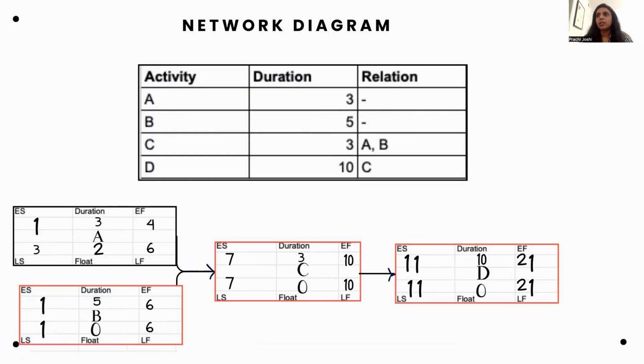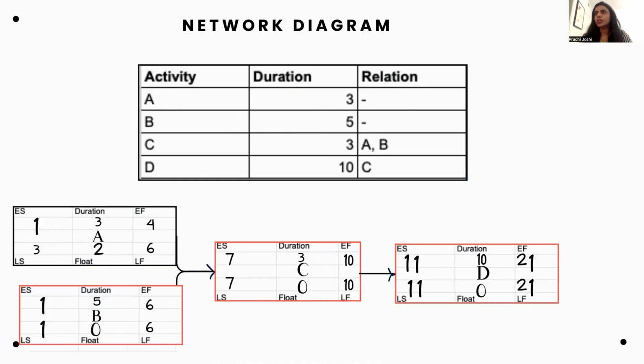This might seem a little overwhelming at first, but it's really simple. If you know it, you can crack it. I've created a small, simplified network diagram for you to understand it. This is the simplest question you may get in your exam, but it is just an example to understand how to calculate the network diagram.